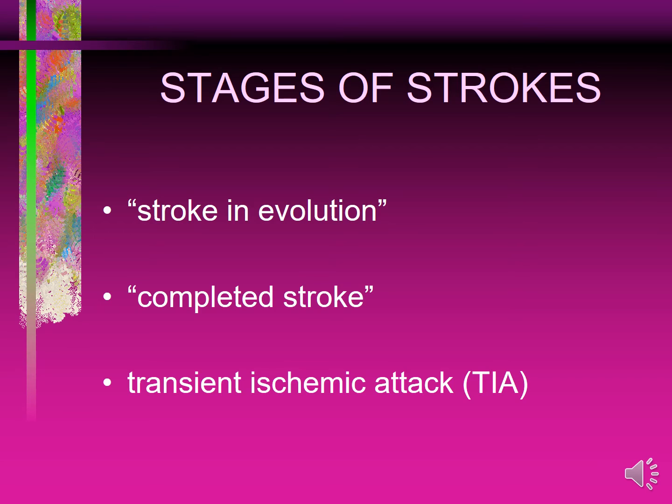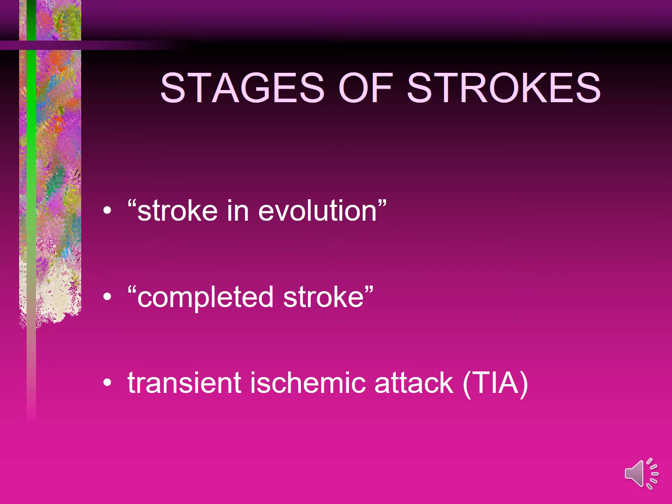A stroke in evolution simply means a stroke where the occlusion has not completed, so the damage is not completely done. The damage is continuing, so that you cannot determine exactly what the final damage will be.